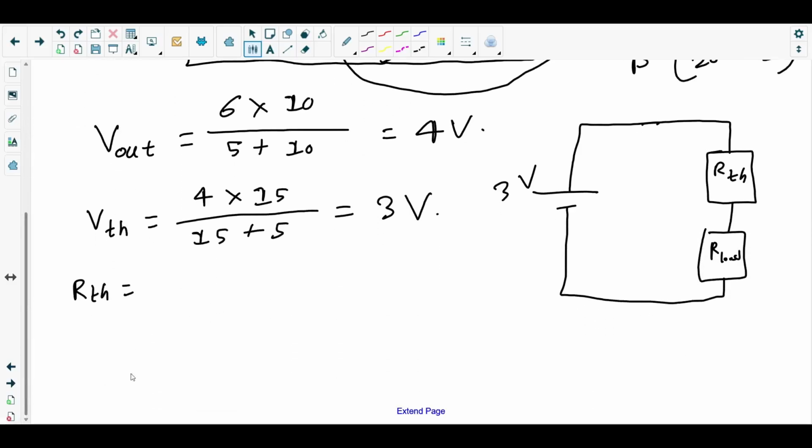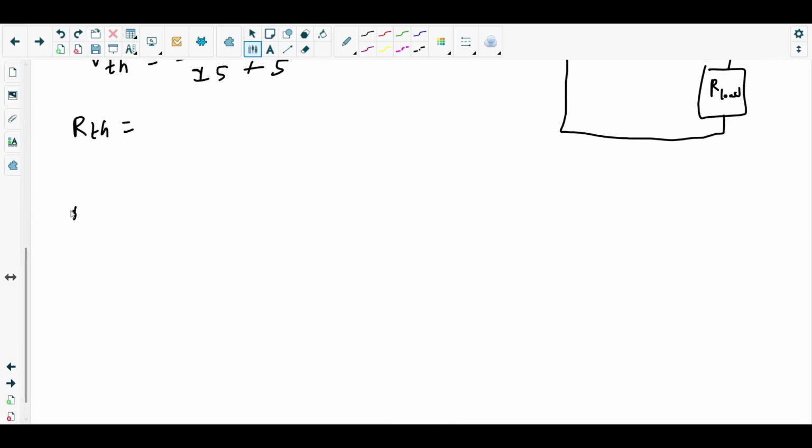1 over 5 plus 1 over 20, inverse, which will give you 20 in the denominator. So 4, sorry, 4 ohms. Let me check it out. 1 over 5 plus 1 over 20, then inverse is 4 ohms.